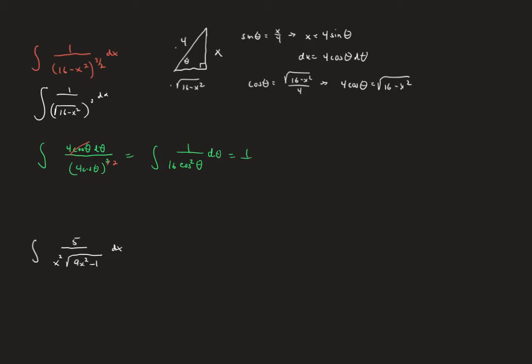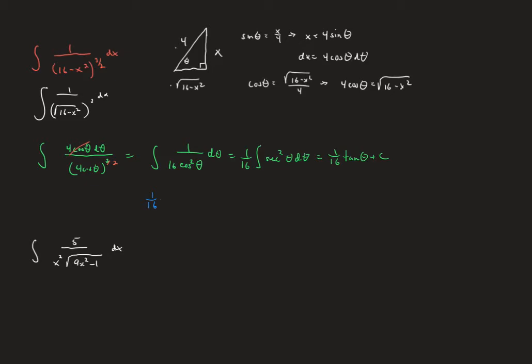So we can pull that 1/16 out, and 1 over cosine squared theta we would like to think of as secant squared theta, because the integral of secant squared theta is tangent theta. Then we have to go back from the thetas to our x's. So we go back to our triangle and see that tangent theta is opposite over adjacent.